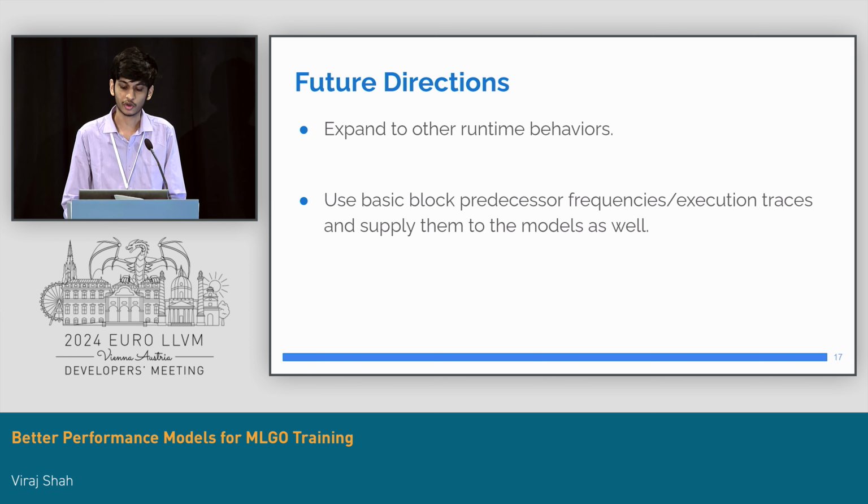For example, if the model knows if a block loops on itself most of the time and then accesses the same memory over and over again, it's not very likely to incur any significant cache misses.